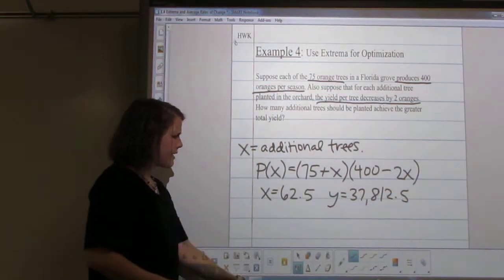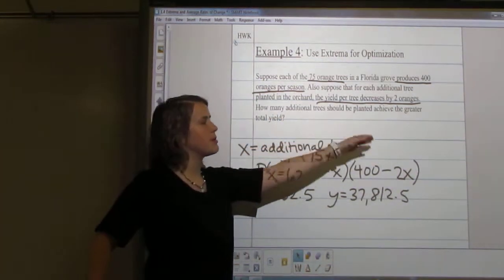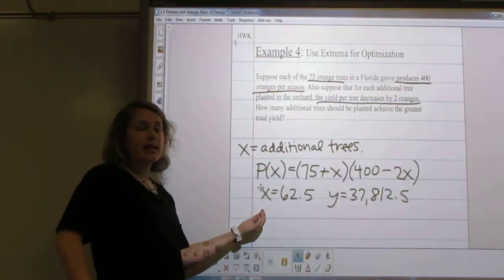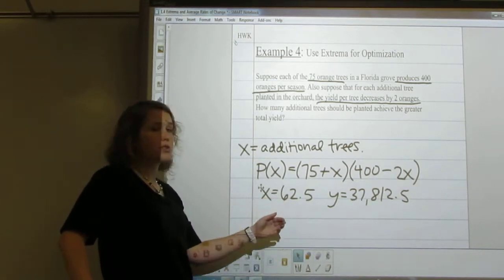All right, so now what it asks is for how many additional trees should be planted to achieve the greatest yield. So all we would say is the maximum is when we have 62 trees planted.